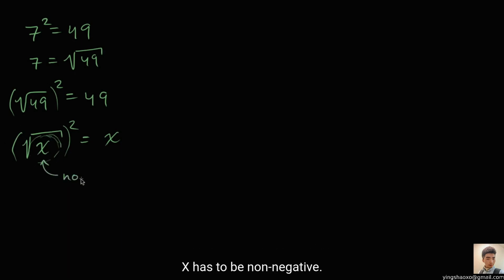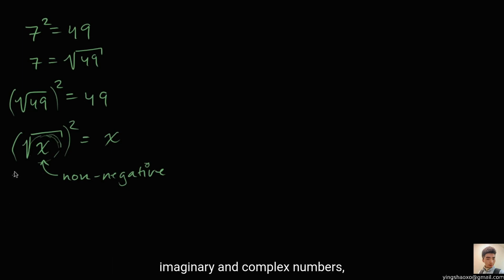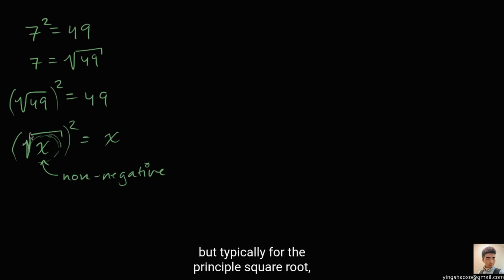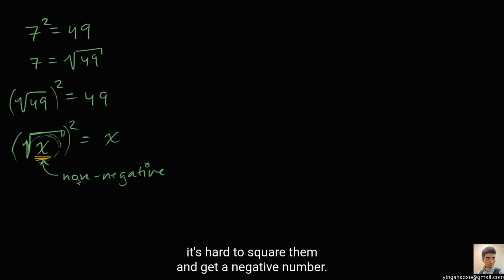This is going to change once we start thinking about imaginary and complex numbers. But typically, for the principal square root, we assume that whatever's under the radical is going to be non-negative. Because it's hard to square a number, at least the numbers that we know about, and get a negative number.